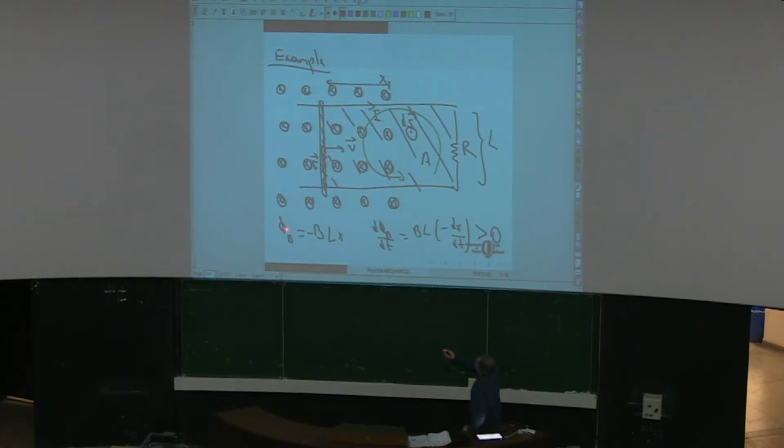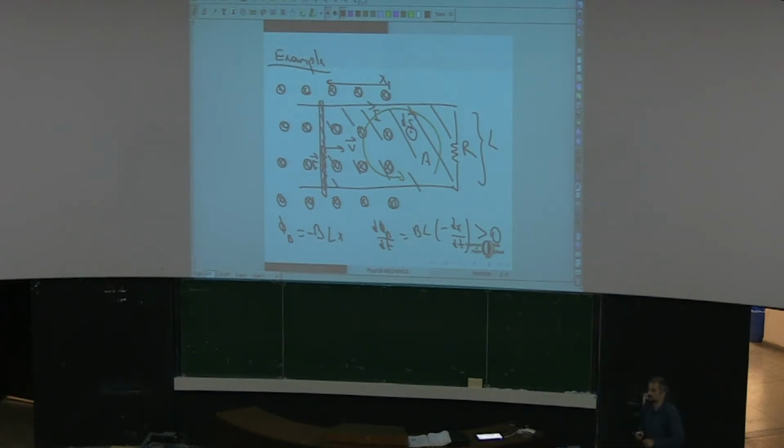So let's see, the flux is increasing with time. Do you agree with that? Is this flux increasing? Yes. How come? Shouldn't it decrease? I mean, the area is decreasing, flux is B times the area, so it should be decreasing.